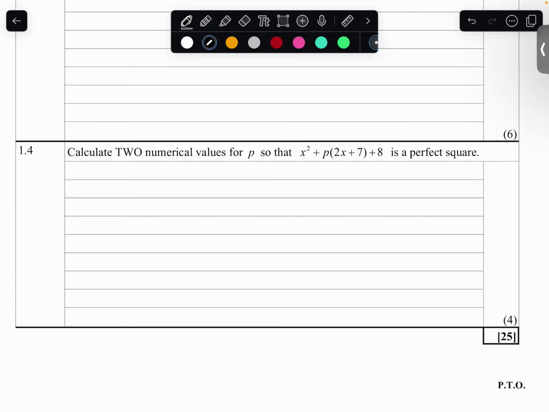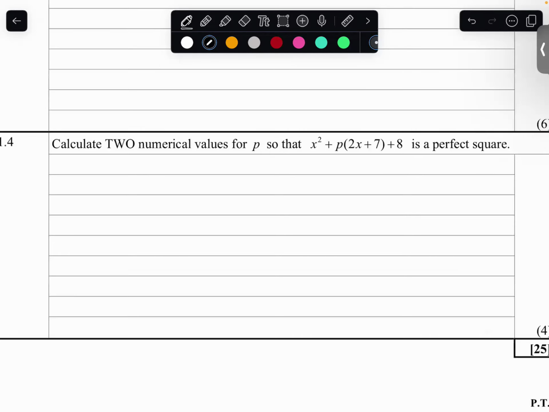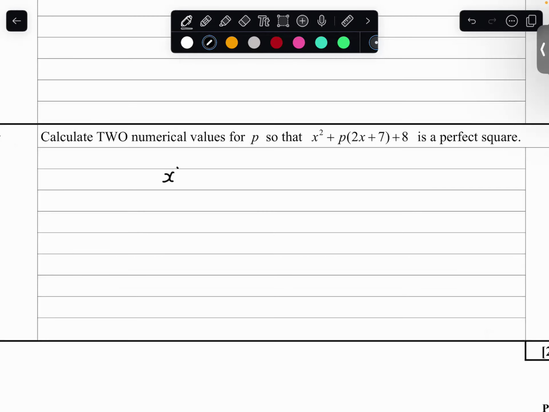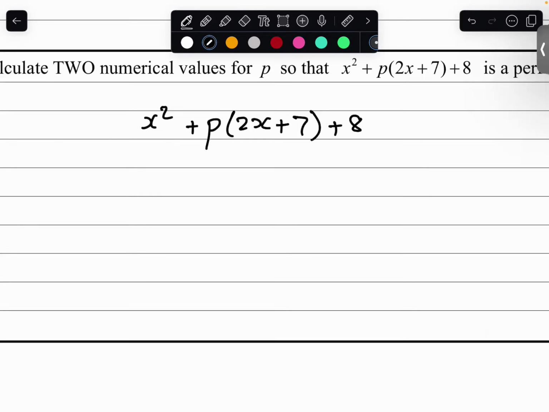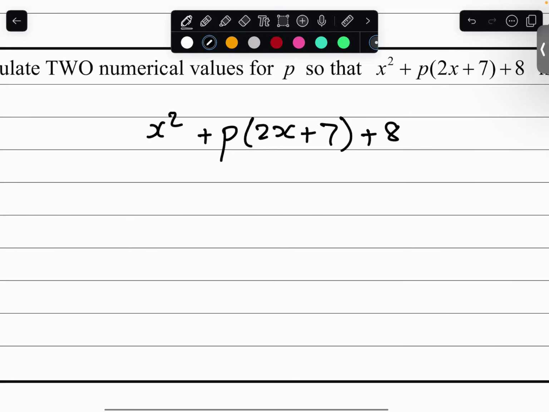First, we need to get it in the form ax squared plus bx plus c. So we have x squared plus p into 2x plus 7 plus 8, right? For me to get it to be a perfect square, I need to complete the square. So I'm first going to get it in the form ax squared plus bx plus c so that I can complete the square, right?